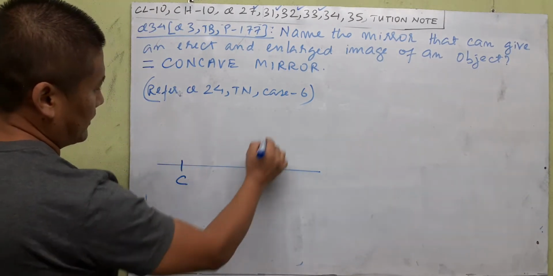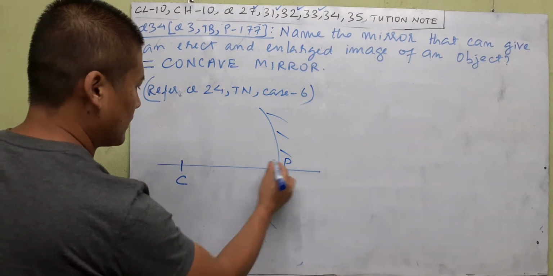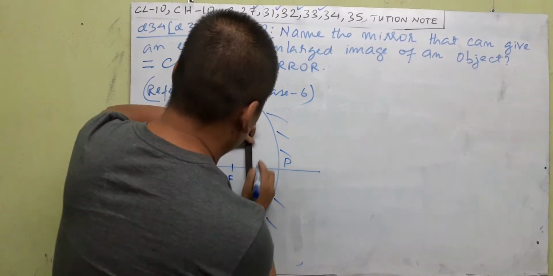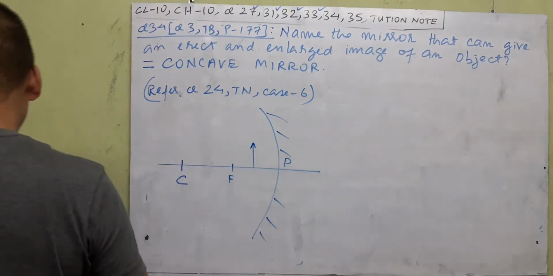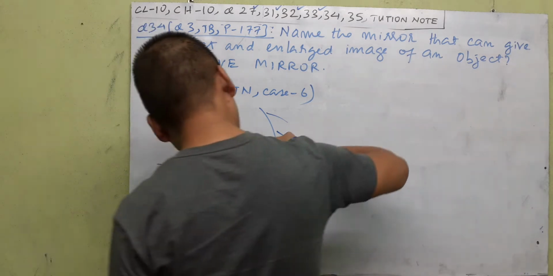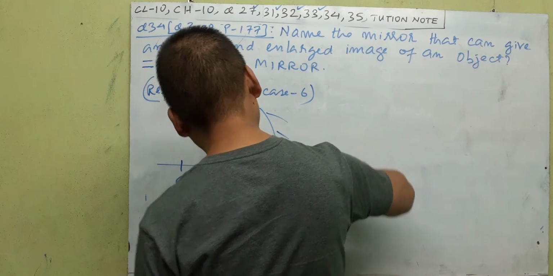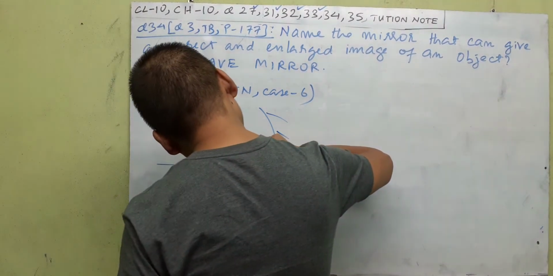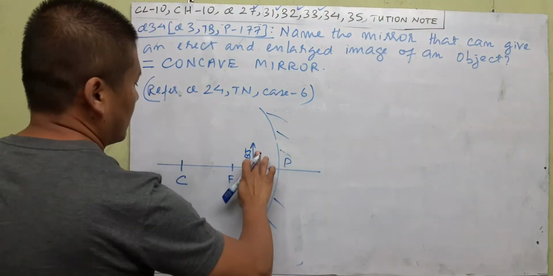Just draw it quickly, about 6 centimeter maybe, P, halfway at 3, F. Then here you draw the object, OBJ in short.